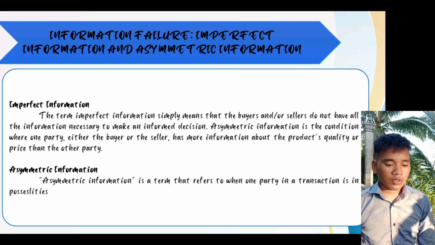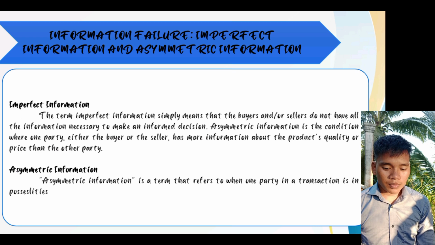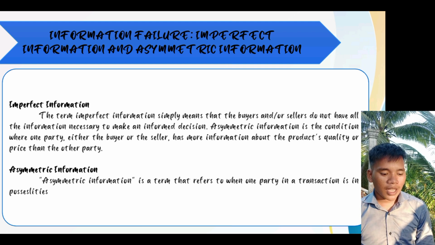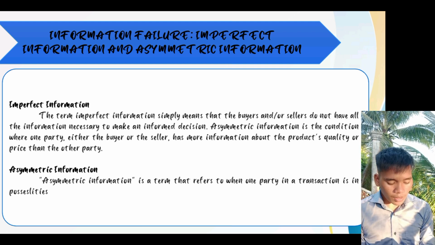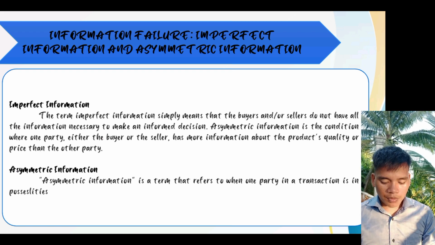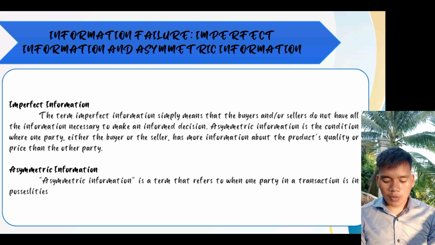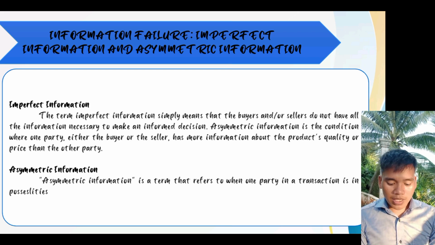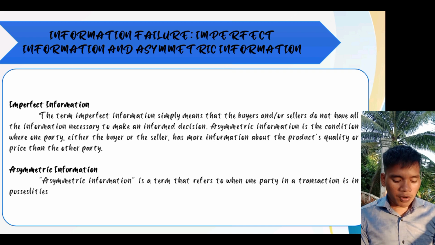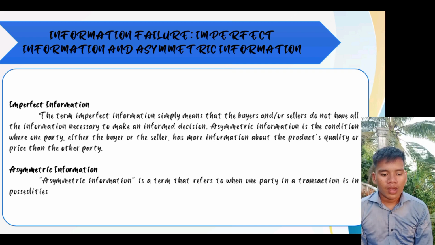Asymmetric information is the condition where one party, the buyer or the seller, has more information about the product quality or price than the other party. Information failure occurs when the consumers and producers are not fully aware of the costs and benefits of their decisions. This makes their decisions to be based on incomplete or imperfect information.